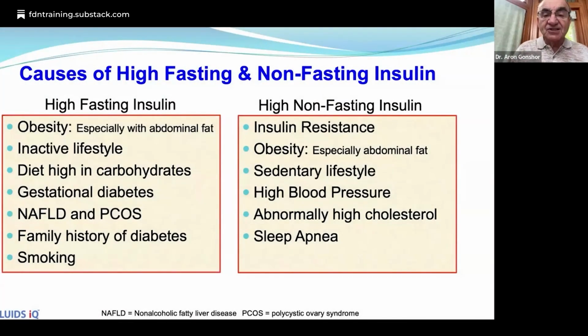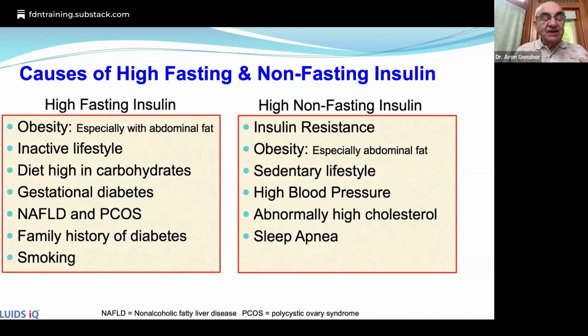Remember the causes of high fasting and non-fasting insulin. In the case of fasting, you'll see this with people who are obese, that have a very inactive lifestyle. Their diet is high in carbohydrates.